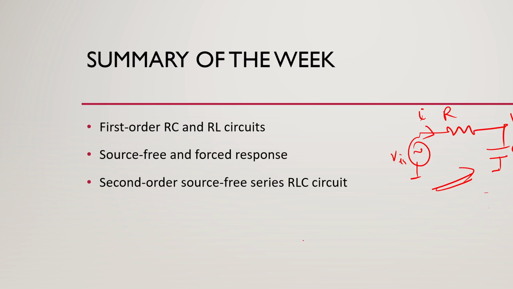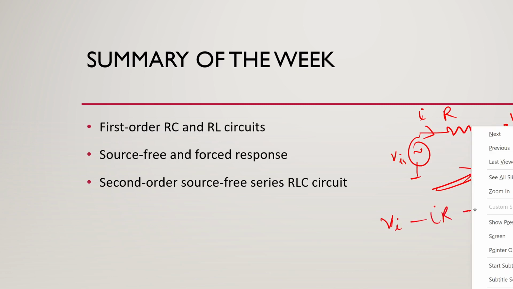Let's write KVL around it. It will be VI minus IR minus V0 is equal to 0, right? And what is this I, by the way?